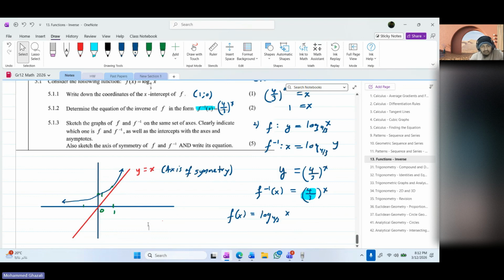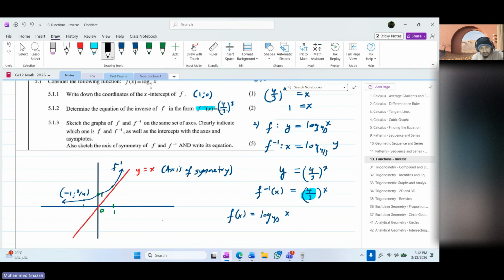Right. So the points on F inverse, remember this is the F inverse function, right? The points on F inverse were (1, 4 over 3) and this point was (-1, 3/4). Now, go switch all the coordinates around.